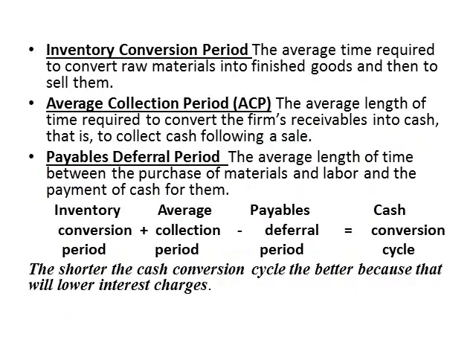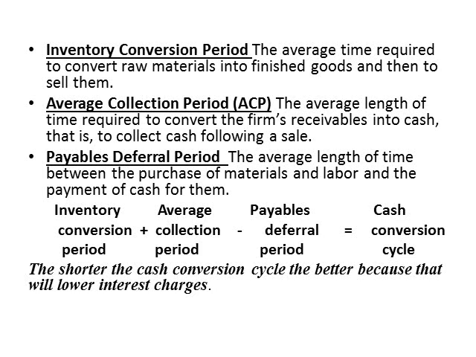Some of the components of the working capital management: the inventory conversion period, which is the time needed to convert raw materials to finished goods and sell them. The average collection period, which is the time to collect cash following the sale, or the time between the sale and the collection of cash. The payable deferral period, which is the time between the purchase and your payment.